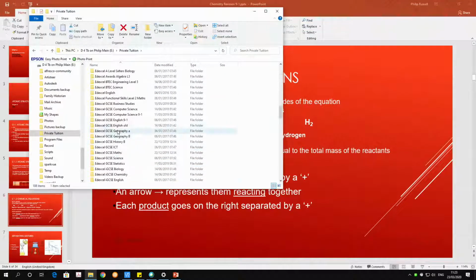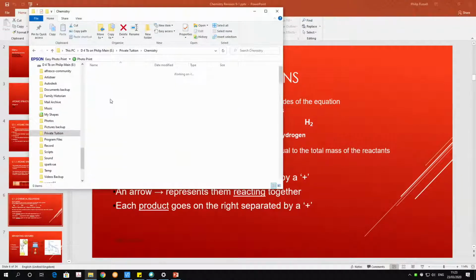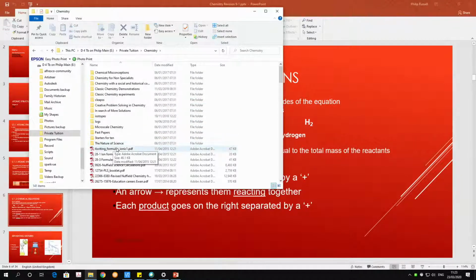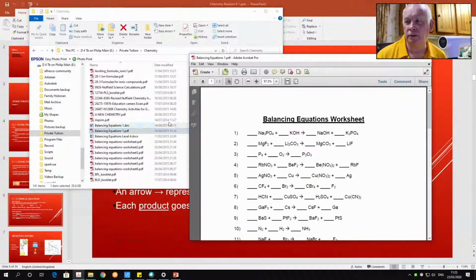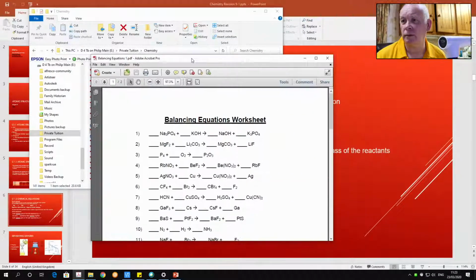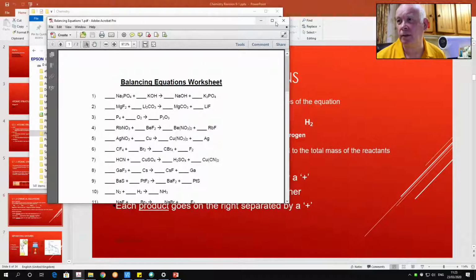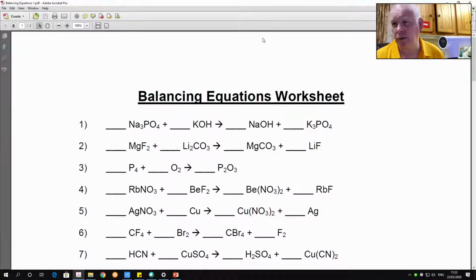As you've noticed, I'm well prepared, so I didn't bother to load it up. What I'm going to do is have a look at balancing an equation. So let's load up some questions to have a go at trying to balance, and let's make it a little bit bigger so you can see it.